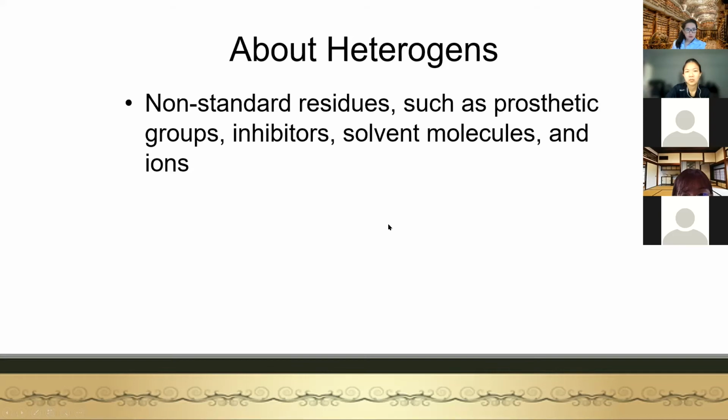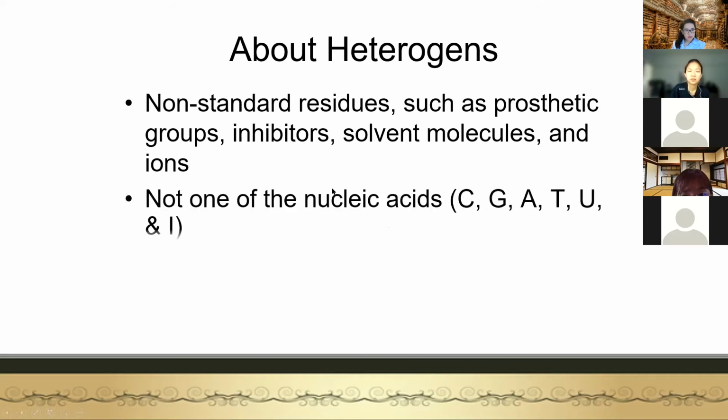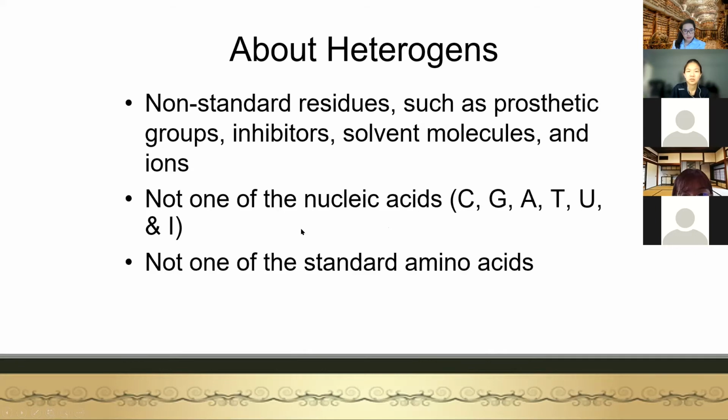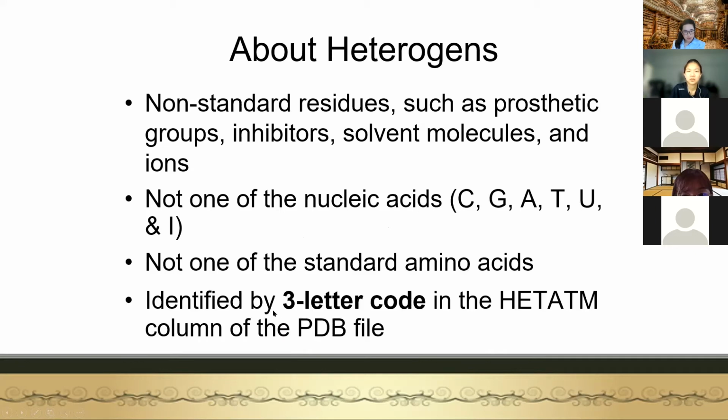So heterogens, or the HET records of the PDB file, are the non-standard residues such as prosthetic groups, inhibitors, solvents, or ions. It is not one of the nucleic acids, not one of the standard amino acids, and is identified by a 3-letter code in the HETATM column of the PDB file.